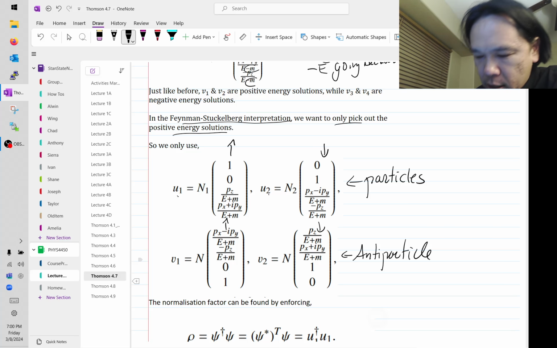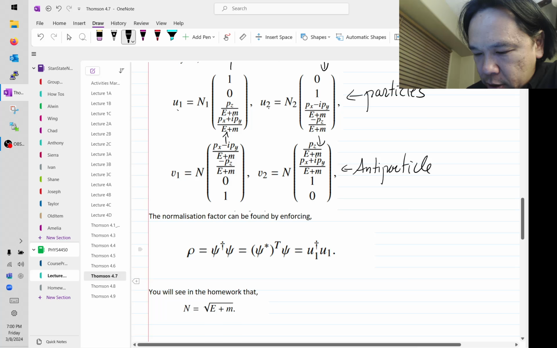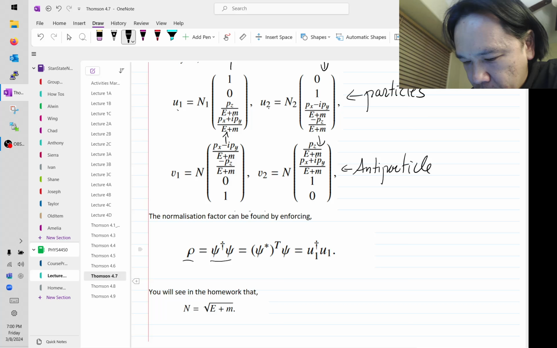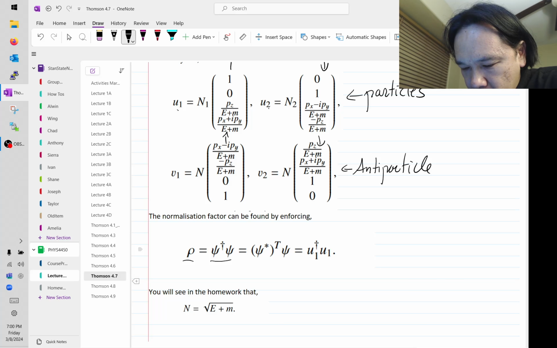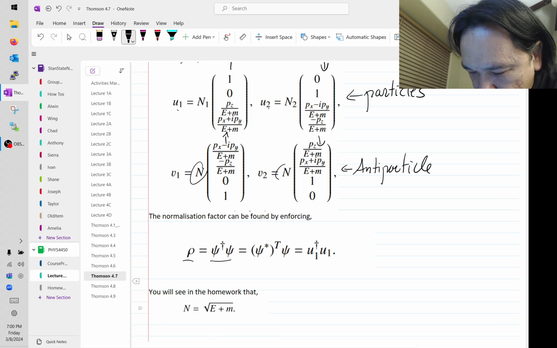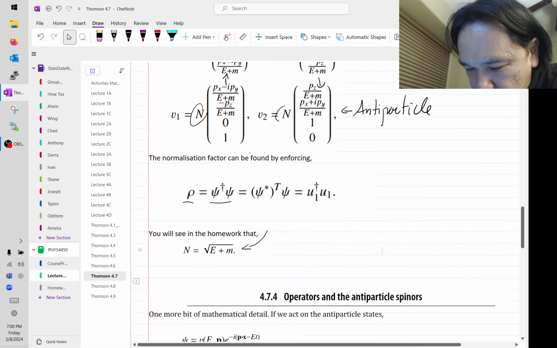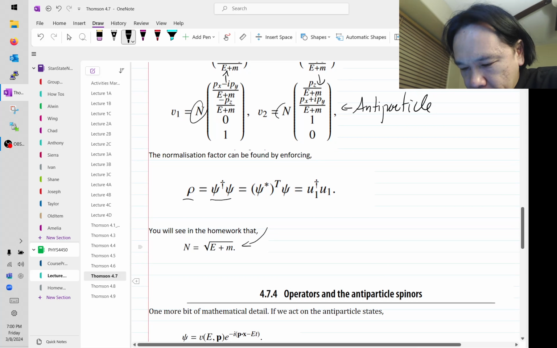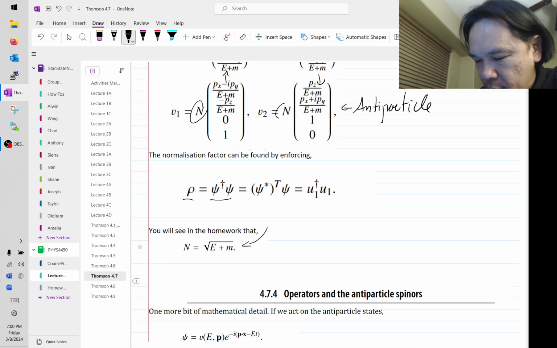As usual, the normalization factor is found by calculating psi dagger psi, and we're going to see that all these normalization factors come out to be square root of E plus m. So I have you check that in your homework.